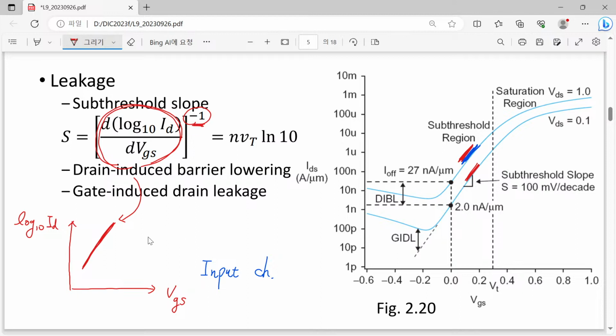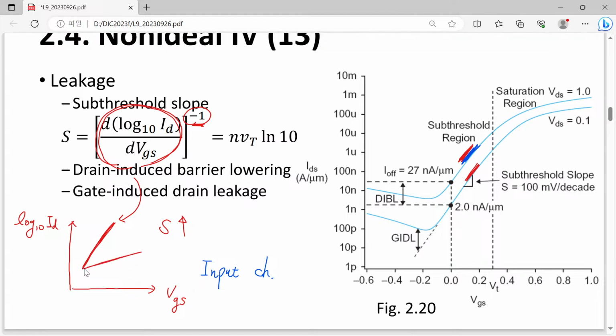If we have a large subthreshold slope, then in this input characteristic graph this corresponds to the high subthreshold slope case. If we have a very small subthreshold slope, that corresponds to an almost vertical line. However, this is not possible because it is prohibited by the laws of nature, so there is a certain limitation.